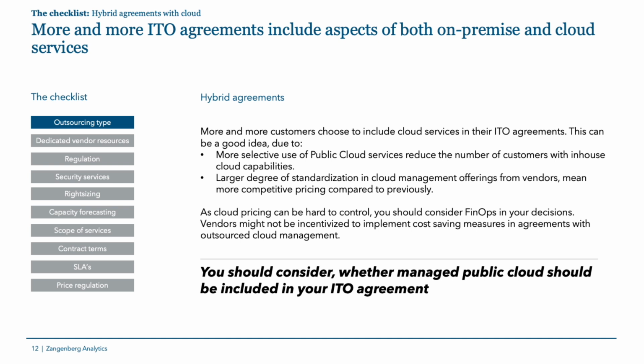So will it be a hybrid agreement or not? There's a lot of thought to go into it if it's a hybrid agreement. As we just talked about, there's the whole FinOps and cloud management issue, but there's also how you will choose whether to put it in the public cloud or in your private cloud or on-premise domains.